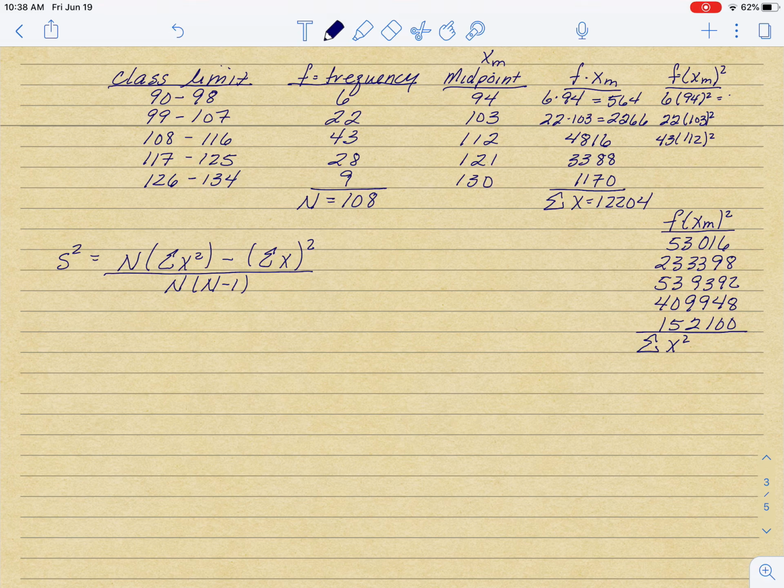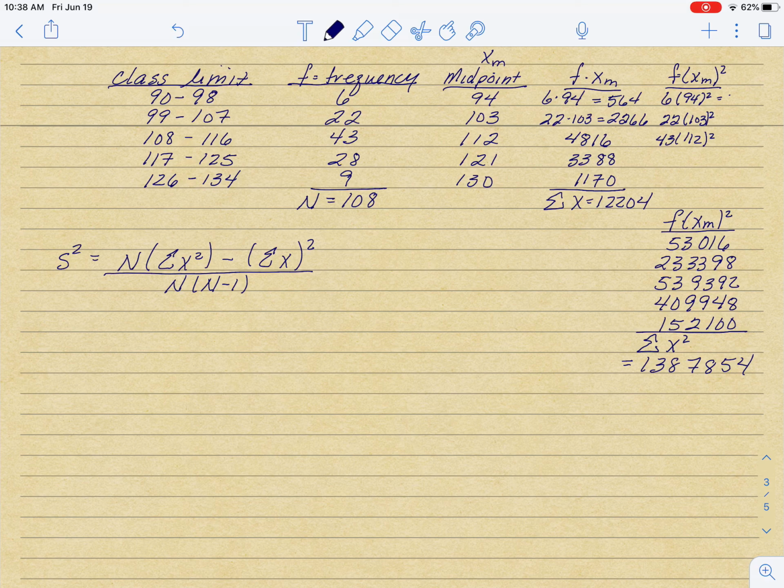Let me do that again. 53016 plus 212398 plus 539392 plus 409948 plus 152100. Okay, that's right. I get 1387854. All really big numbers.